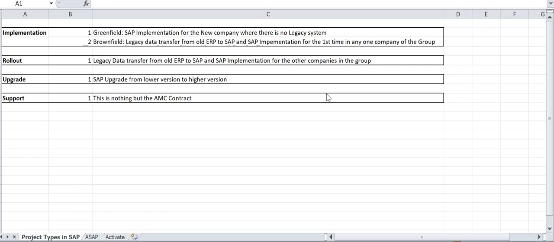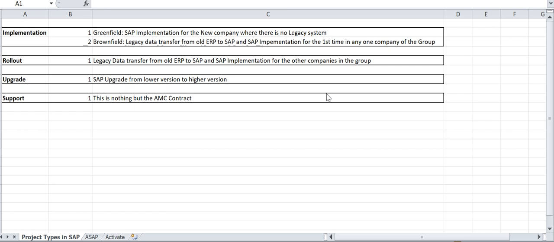Okay. Now talking about the next kind of project in the SAP world, the rollout project. In the rollout project, it is a succession of the brownfield implementation. Say out of 10 companies in a group of companies, the first company has implemented SAP and is running its business within SAP very well.